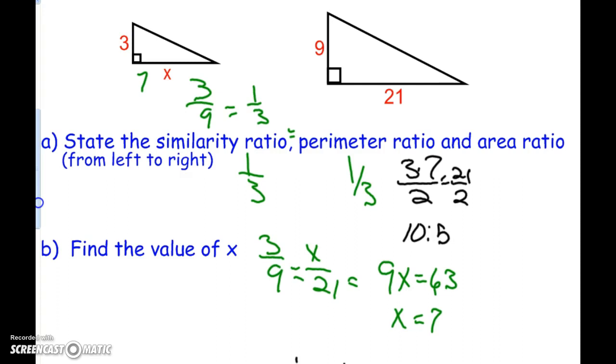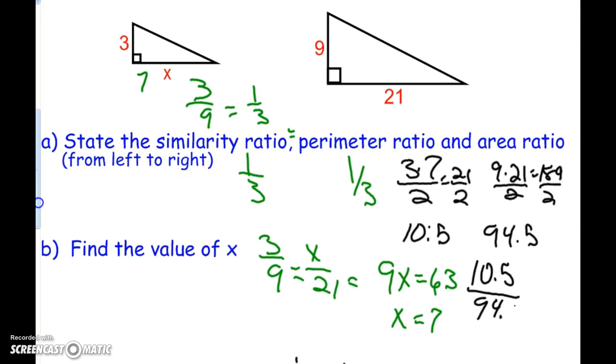When we do the same thing over here, 9 times 21 is 189 divided by 2 is 94.5. Now, let's look at the ratio as well. 10.5 divided by 94.5. If I go to my calculator and hit Math Frac, I find out that equals 1/9.